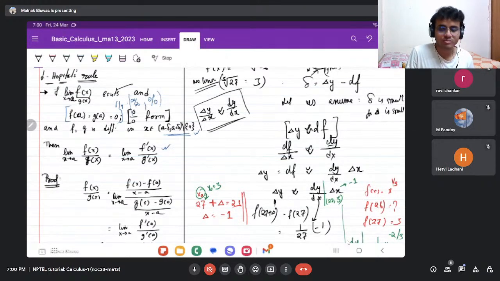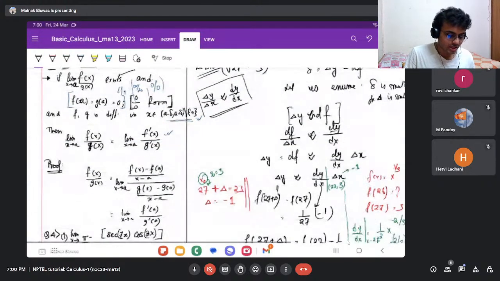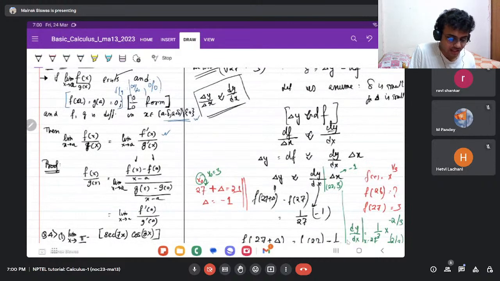I'll give you a hand-wavy proof. The actual proof, the proper theoretical proof, is in the tutorial, in the lectures of this course. It's not useful to give that proof again. So what I do is, you agree that f of x minus f of a, as x tends to a, would be 0, right?